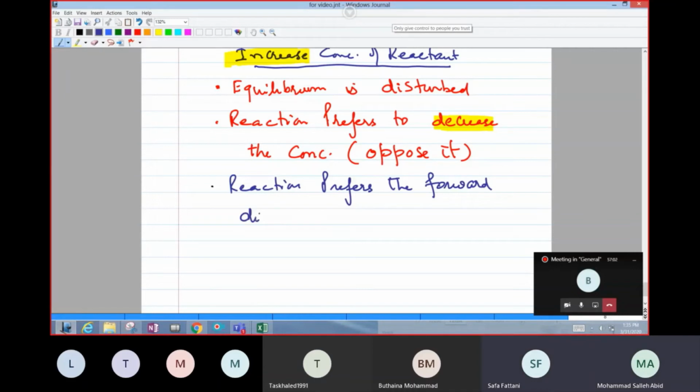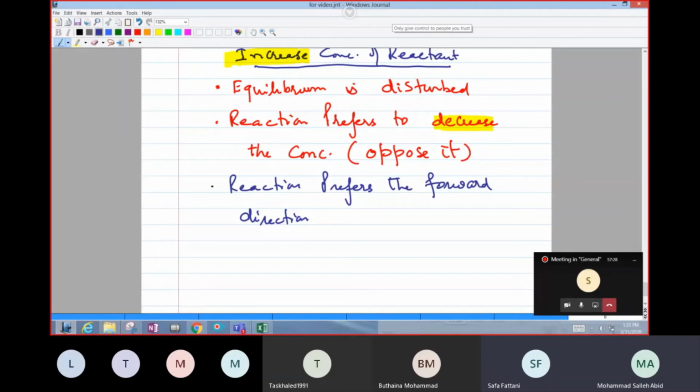The only way is that the reactant gets converted into product, so the amount of the reactants will decrease.